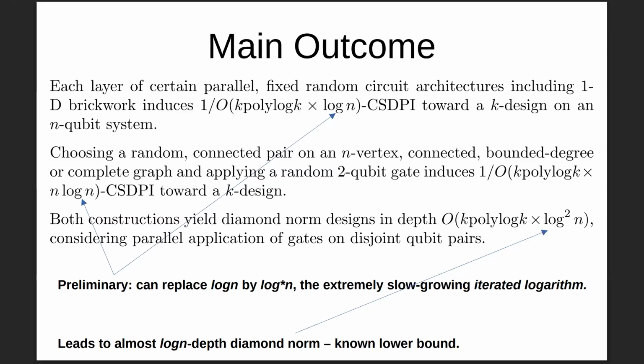You can recursively apply this and possibly get something smaller than the logarithm there. I think even the iterated logarithm. This is coming very close to lower bounds on the diamond norm. So this is getting very close to tight for probably both diamond norm and relative entropy.